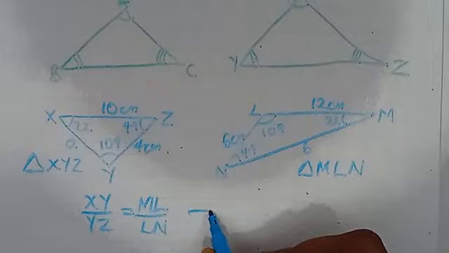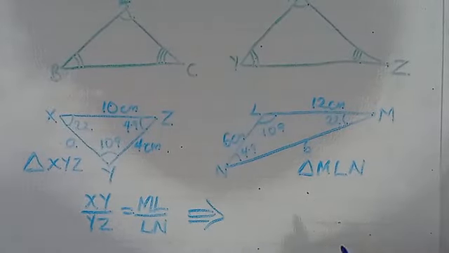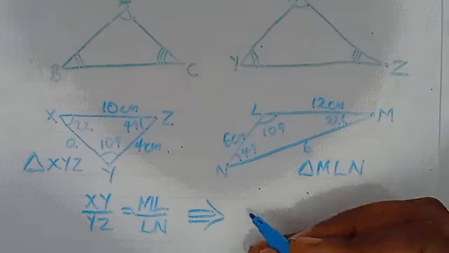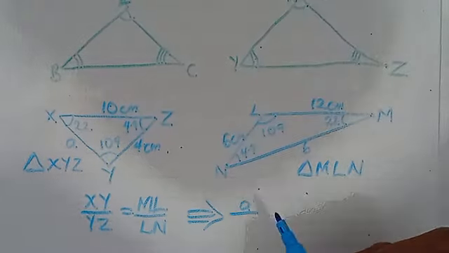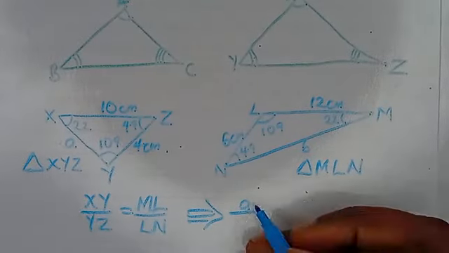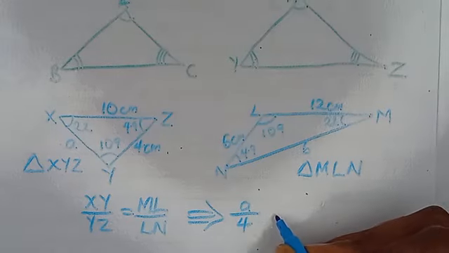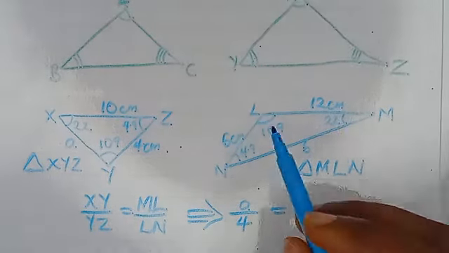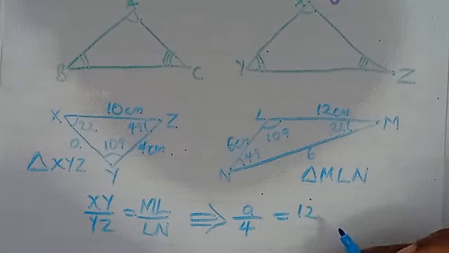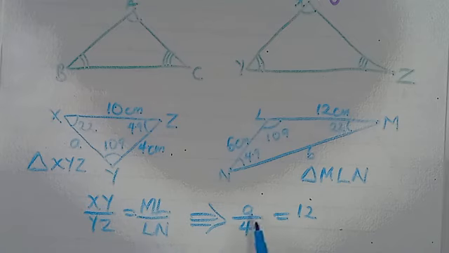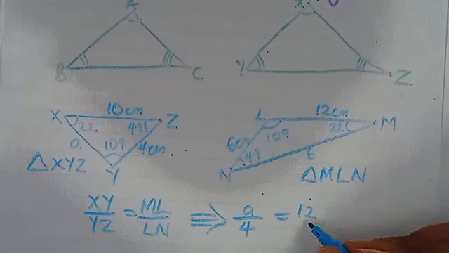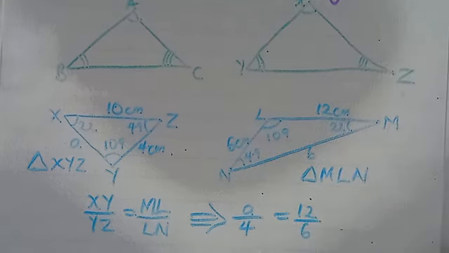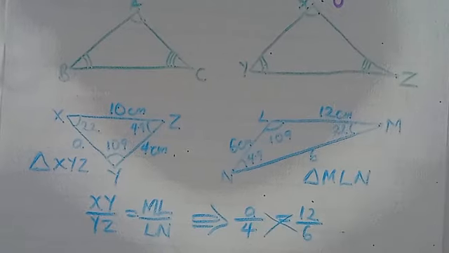So now let's get the equivalent sides. XY is equal to A, then YZ is 4 cm, which is equal to ML. ML is 12, and then LN is 6. So we cross multiply.